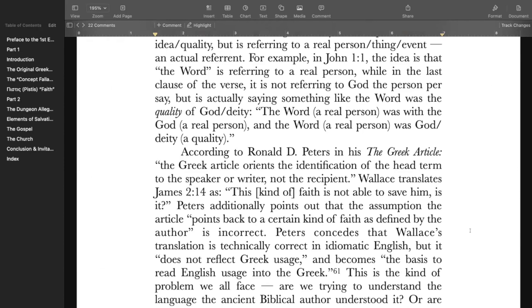By default, Greek people will think of a noun, whatever noun it is, as an abstract thing.